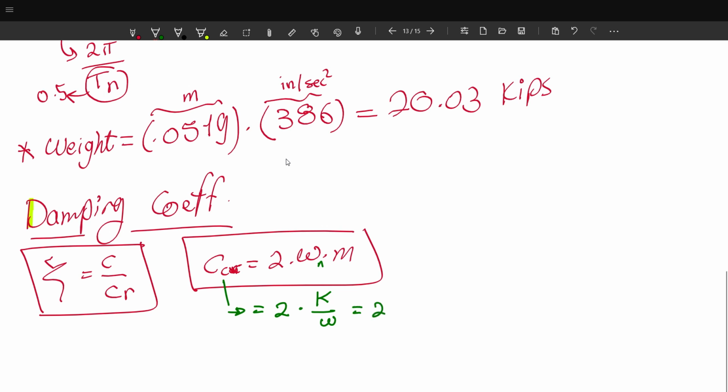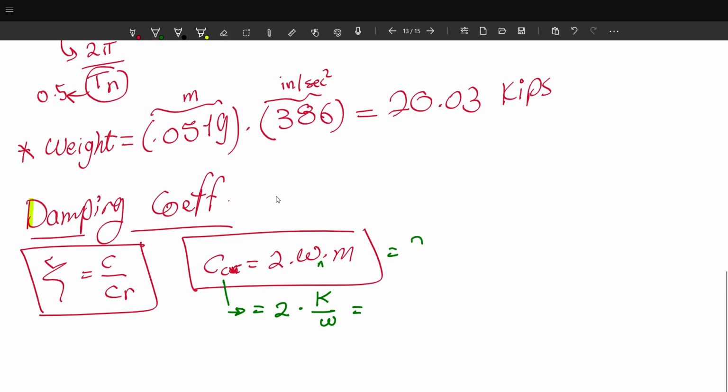We can say that 2 times k, which is already 12.56, times 1 over omega. I think this is only for explanation, but we can put it from here directly. So let's remove this and put it here.